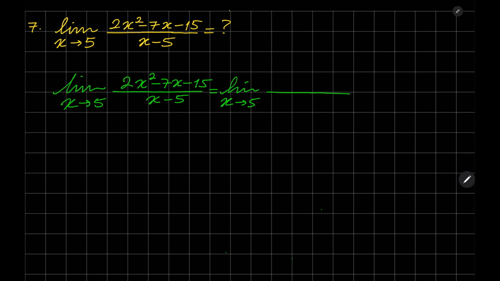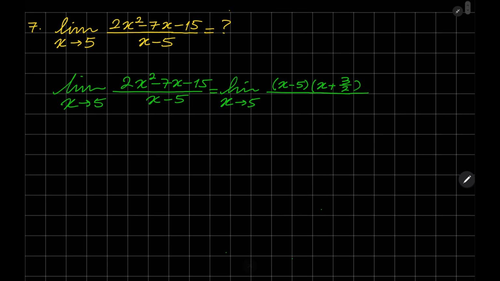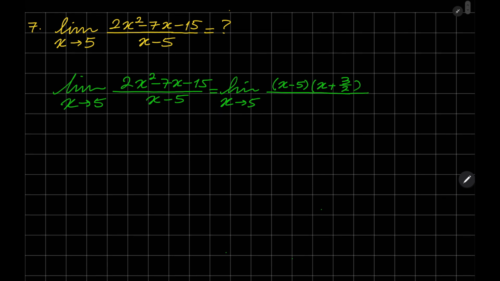We can factor numerator as x minus 5 times x plus 3 over 2 divided by x minus 5.